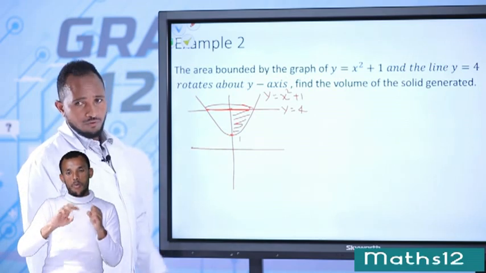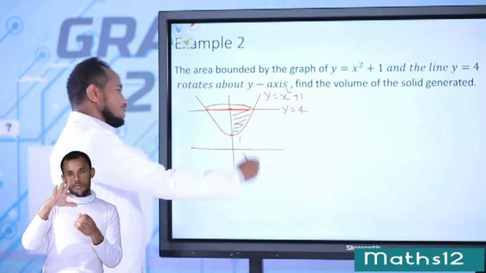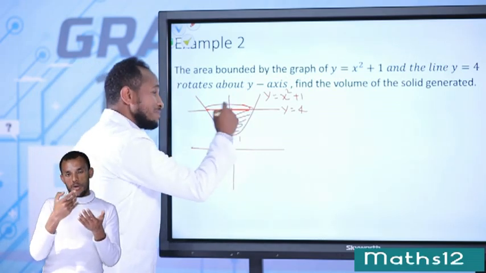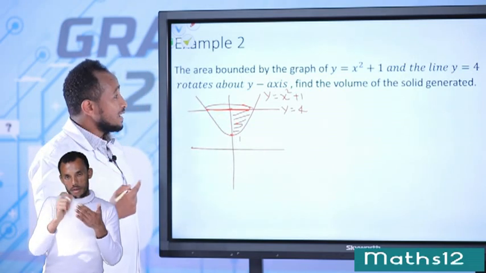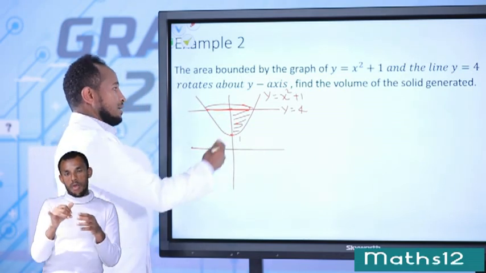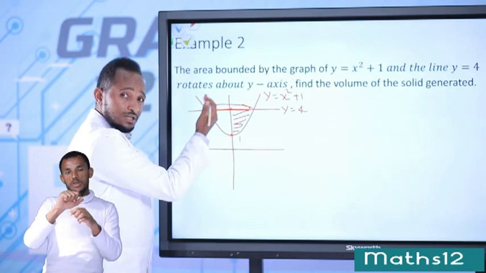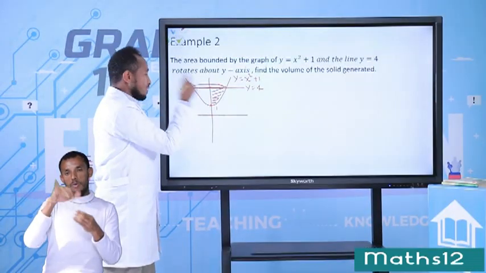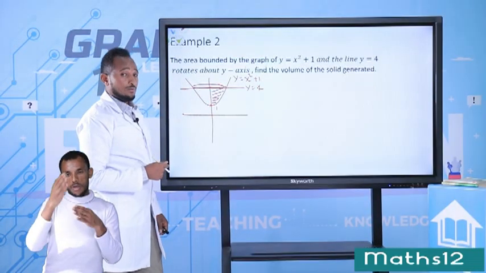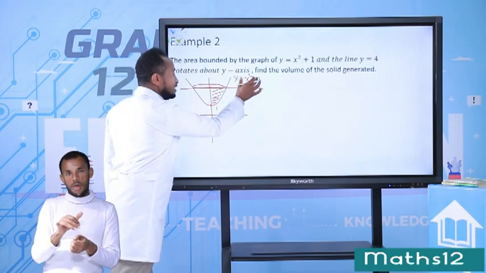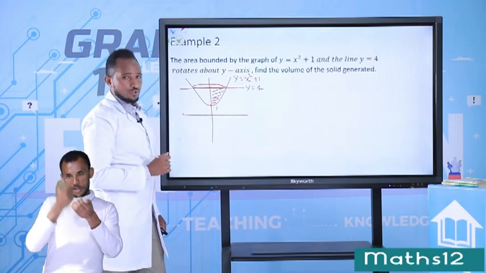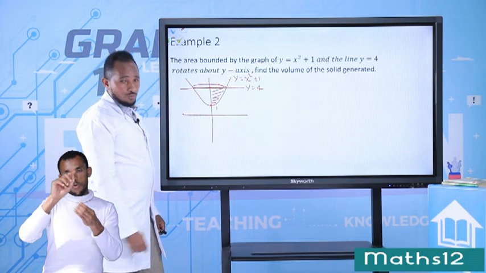So we are asked to find the volume. When the solid of generation is rotated about the y-axis, the rotated function must be written in terms of the variable y. Therefore, I need to change y is equal to x squared plus 1 into the variable y.